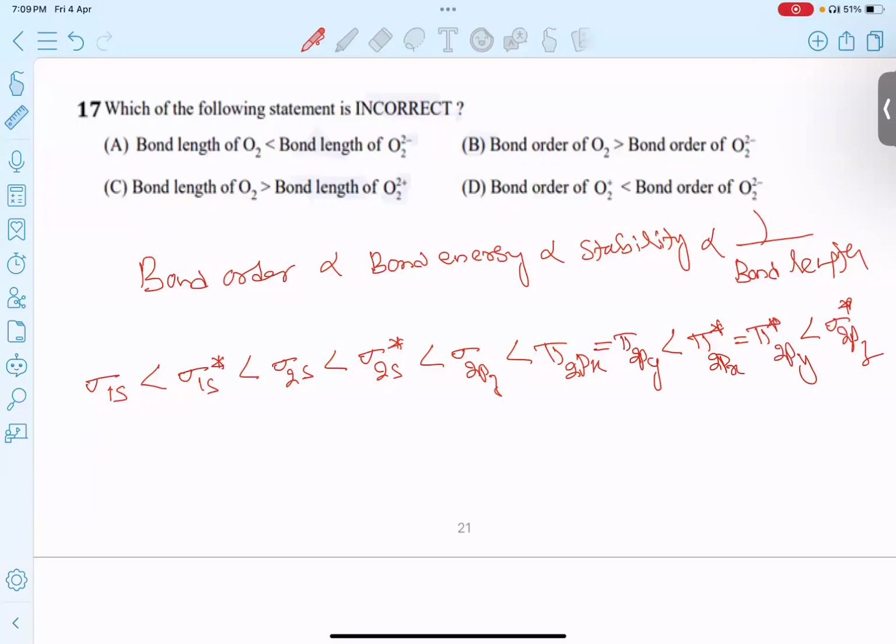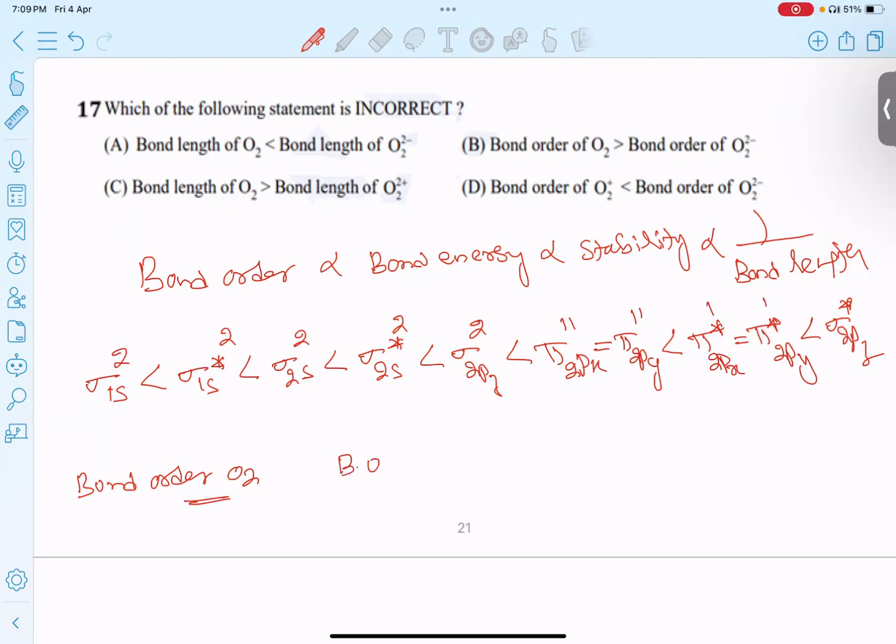First, let us calculate the bond order of O2. O2 contains 16 electrons, so we fill the 16 electrons into the molecular orbitals.